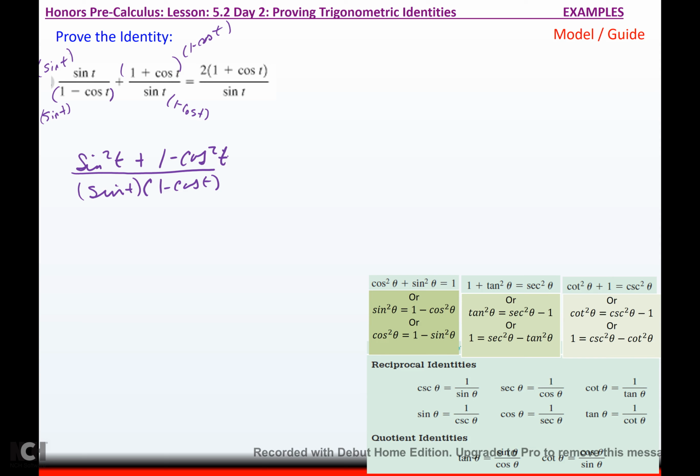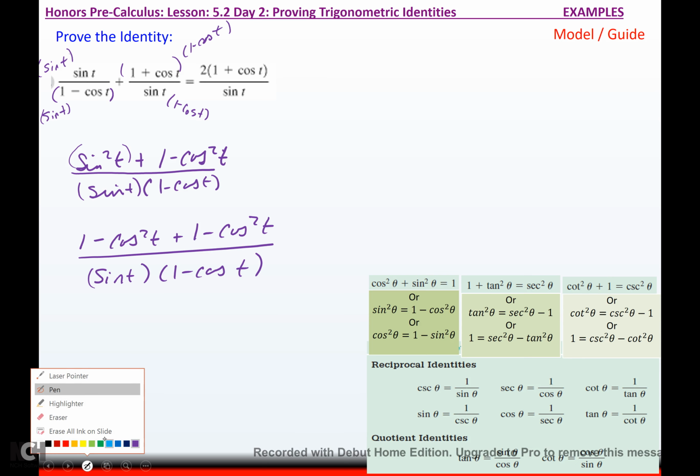Alright, so now on this one, I can rewrite that sine squared t as 1 minus cosine squared t, plus 1 minus cosine squared t over sine t times 1 minus cosine t. And then at this point I can combine like terms.